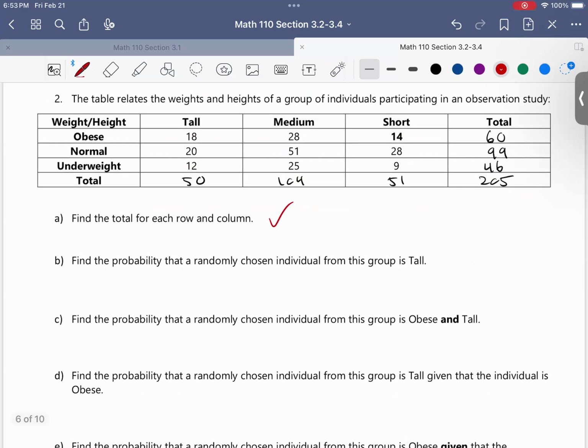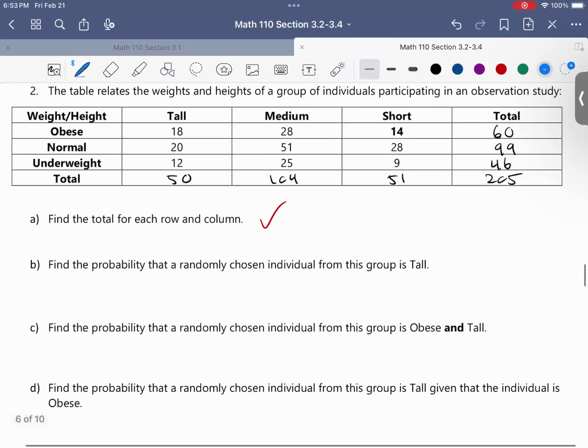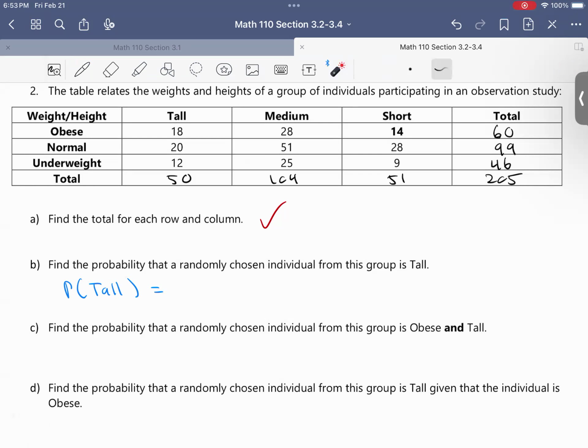So part B says find the probability that a randomly chosen individual from this group is tall. So what I want to write here is just probability of tall. And the probability of tall, all the totals of tall are going to be 50.